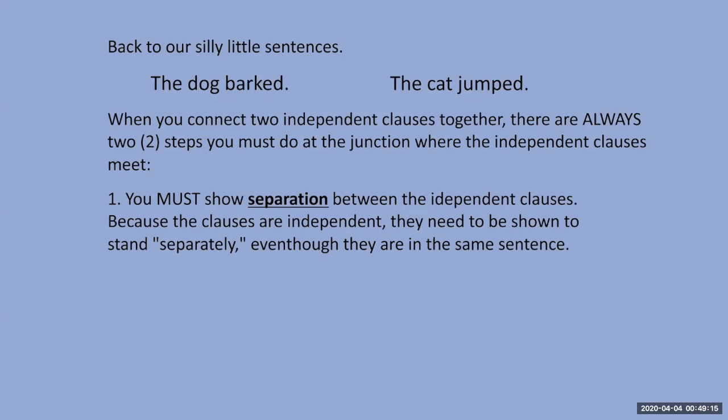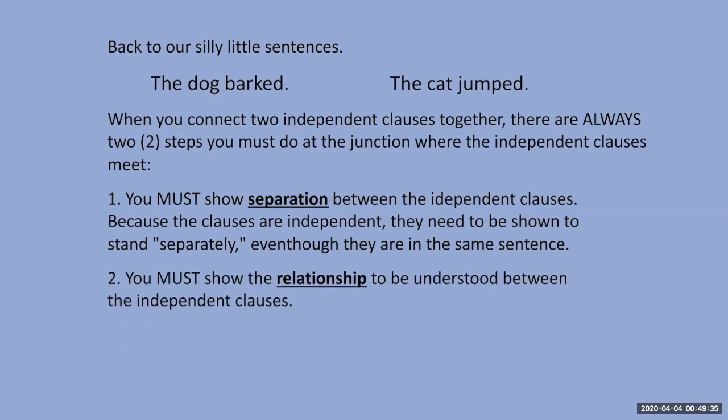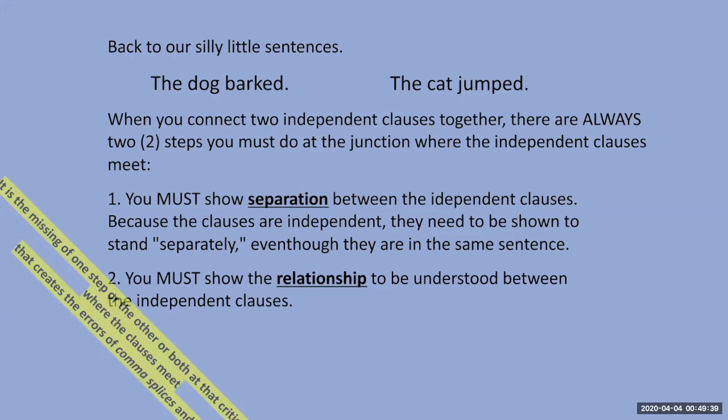Because the clauses are independent, they need to be shown to stand separately, even though they are in the same sentence. 2, you must show the relationship to be understood between the independent clauses.